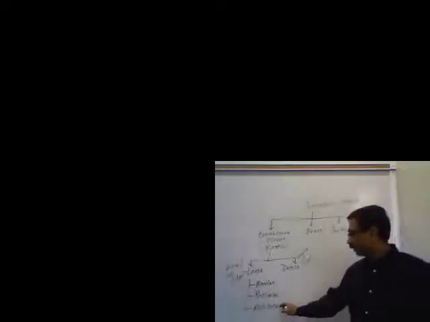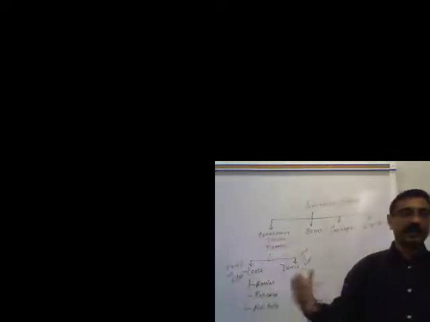Adipose is fat. Dense could be two types: dense regular and dense irregular. Both have a lot of fibers, heavily packed. Okay.